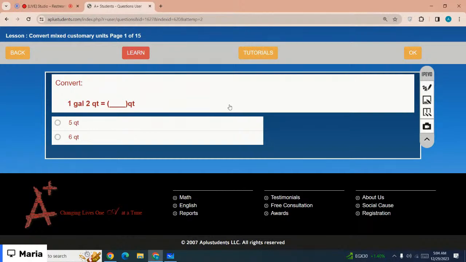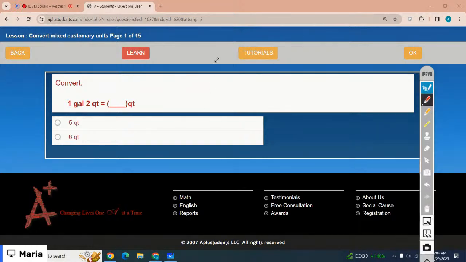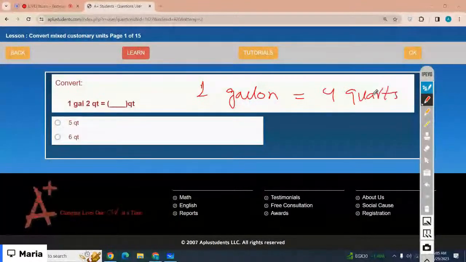So 1 gallon equals how many quarts? 1 gallon equals 4 quarts.